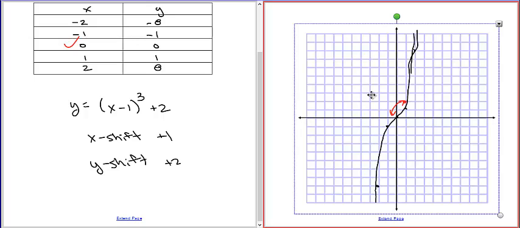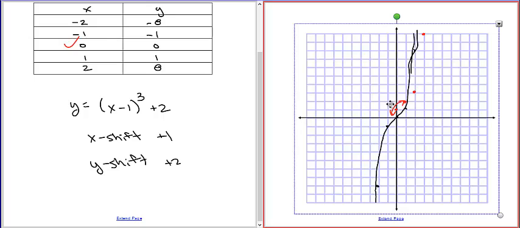So this point here, (1, 1), you move 1 to the right, up 1. For this one, you move 2 to the right, and up 8, which would put you right there. Now you go the other direction, so you go left 1, down 1. That corresponds to this. Left is negative, down is negative for the y.